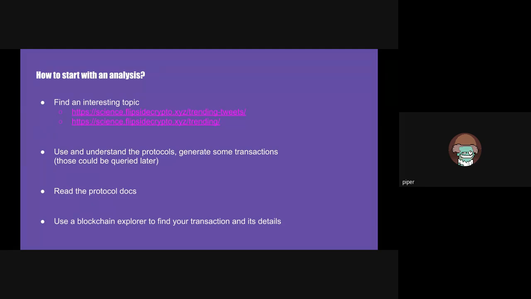And the good thing, if you try it out, is also that you already generate some transactions. It's very good to note the transaction IDs, because that is a very good starting point for later to do an analysis about this protocol.